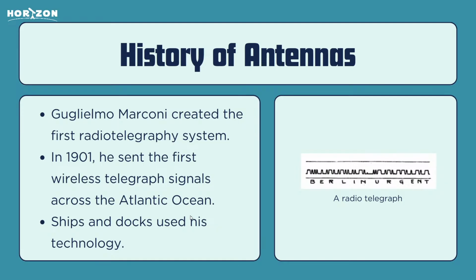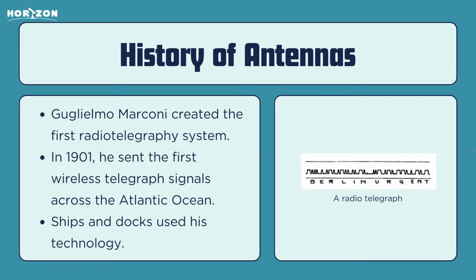In the image on the right, you can see an example of a radio telegraph. And you'll be able to notice over here that it's actually Morse code. So you can see here that a B is a long beep followed by three short beeps, and an E is a short beep, and so on.